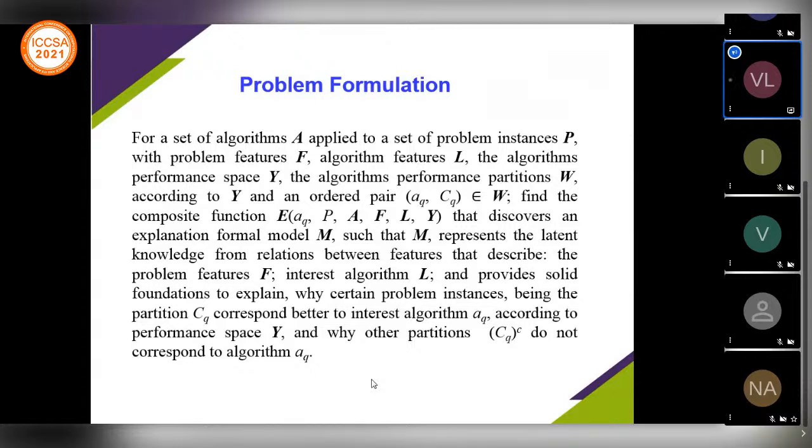Find the composite function that discovers an explanatory formal model M such that M represents the latent knowledge from the relation between features that describe the problem features F, interest algorithm L, and provides a solid foundation to explain why certain problem instances, being the partition C, correspond better to interest algorithm AQ according to performance space Y, and why other partitions do not correspond to algorithm AQ.